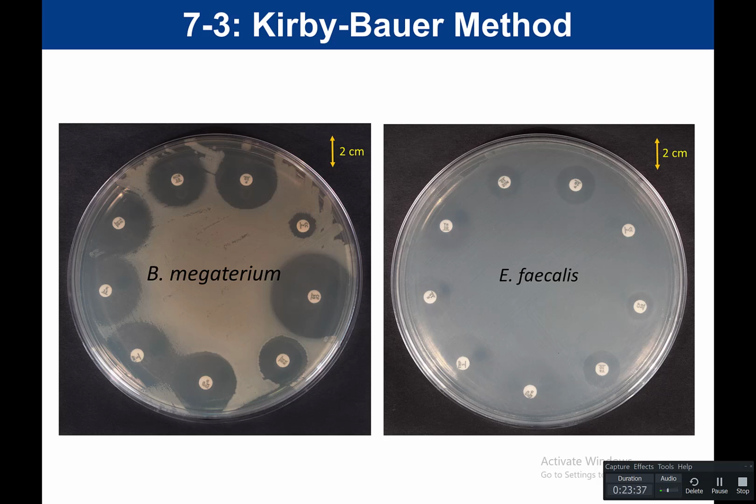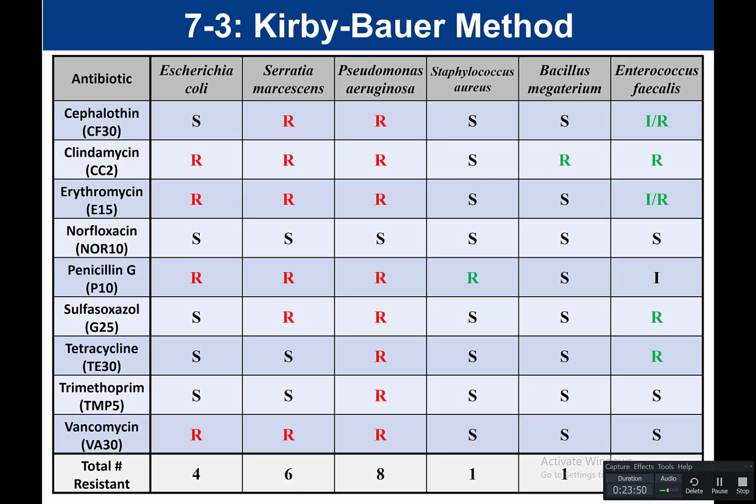If we look here, we have Bacillus megaterium, we have Enterococcus faecalis. And so again, I'm going to show you in a minute what this data looks like. So here is our data for this.